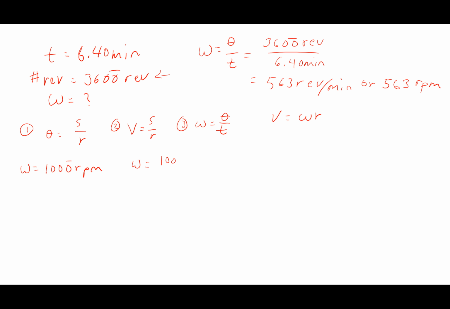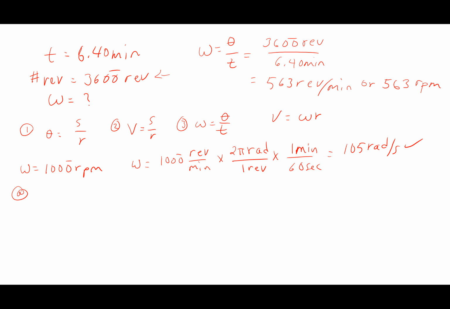Omega equals 1,000 revs per minute times that conversion we looked at earlier, 2 pi rads over 1 revolution, times, we also have to change minutes to seconds, so 1 minute per 60 seconds, equals 105 rads per second. So now we have our first part, which says express the angular speed in rads per second.